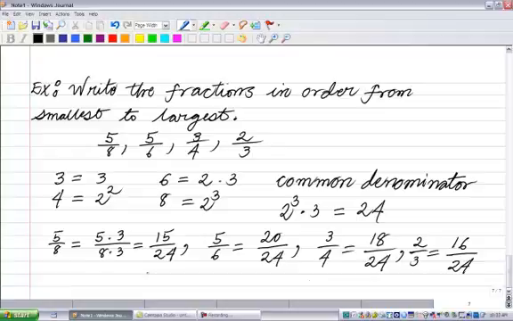I want to put them in order from smallest to largest. The smallest is 5/8, then 2/3, then 3/4, and the largest in this case is 5/6. So that's my final answer.